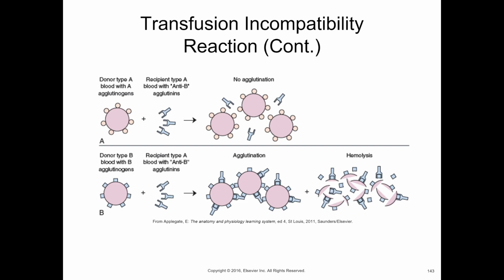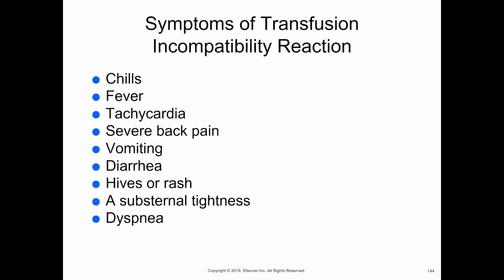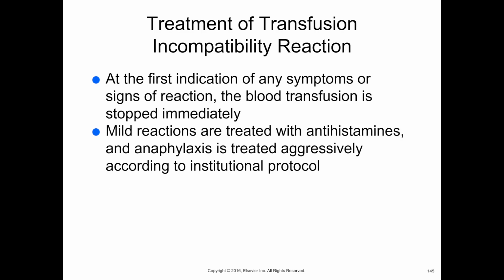In B, you get a donor with type B blood with a type A antibody for agglutinins, and you see agglutination. What happens with that is basically the formation of what's termed an immune complex, and you get these massive amounts of clotting that occurs. You get circulatory collapse, and it's basically shock at that point.